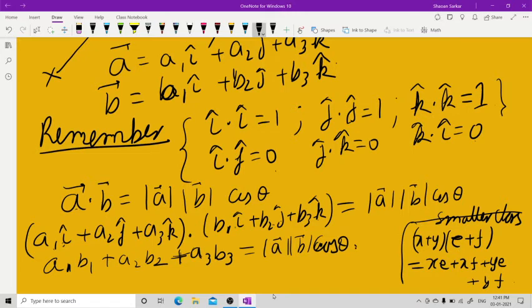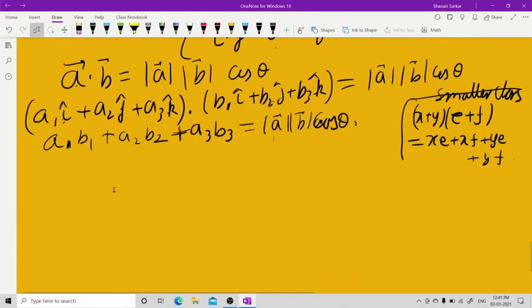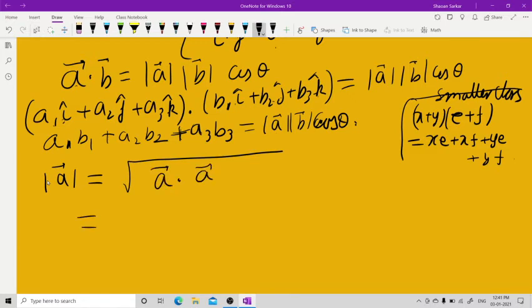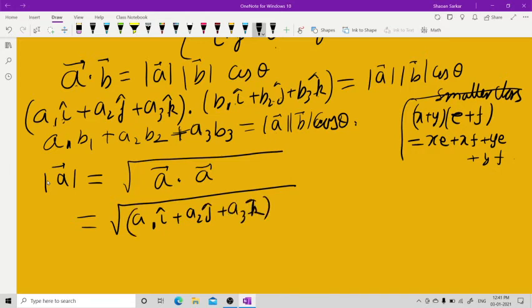Now let us see how to find this mod A and mod B. Mod A vector is nothing but under root of A vector dot A vector. Remember this. So A vector is what? Copy it straight: A1 i cap, A2 j cap, A3 k cap, and then you multiply with the same vector A1 i cap, A2 j cap, A3 k cap.